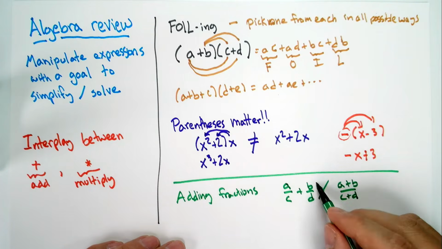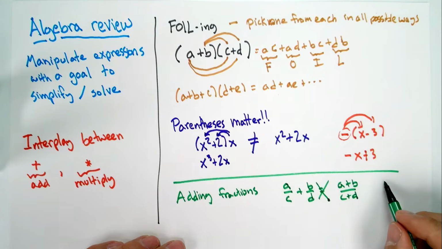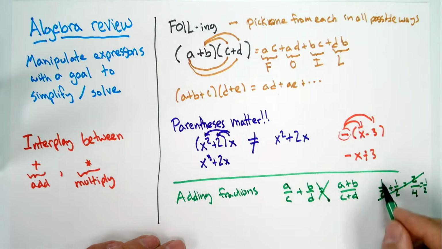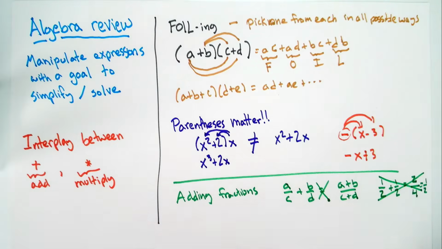Except it doesn't work. To convince yourself, let's just try an example. A half plus a half. If I added the tops together, that'd be 2 because 1 plus 1. If I added the bottoms, that'd be 4. And 2 over 4 is a half. Does a half plus a half equal a half? The answer is no. They don't equal each other.